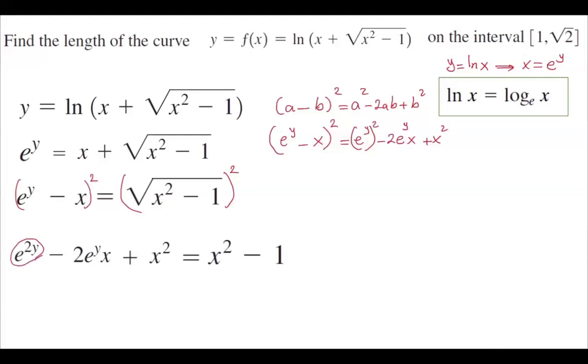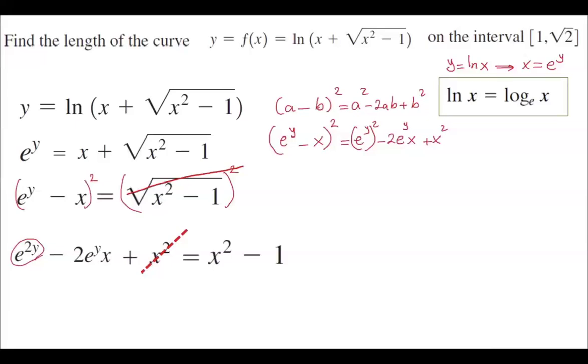The rest are just copying down from the formula, negative 2 e to power y times x plus x squared. On the right hand side, the exponent 2 and the radical get cancelled out, so you end up with x squared minus 1.